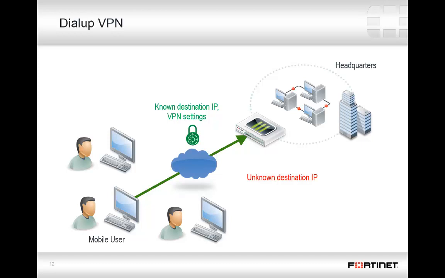Hence its other name, point-to-multipoint. Keep in mind that in dial-up, the client's IP is dynamic, so FortiGate can't predict where it will be. That means that FortiGate cannot initiate the VPN, only the remote peer can.